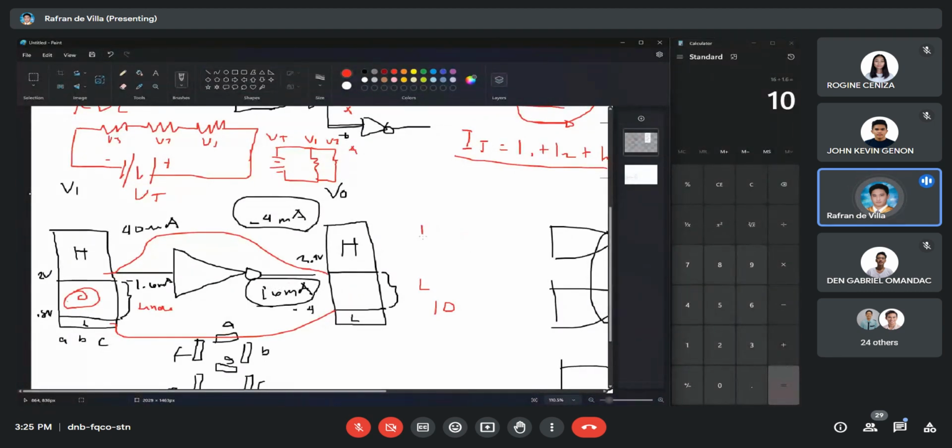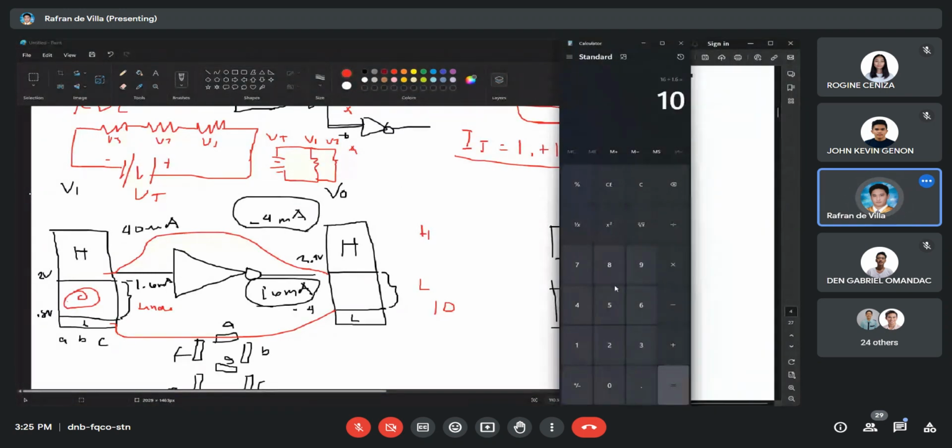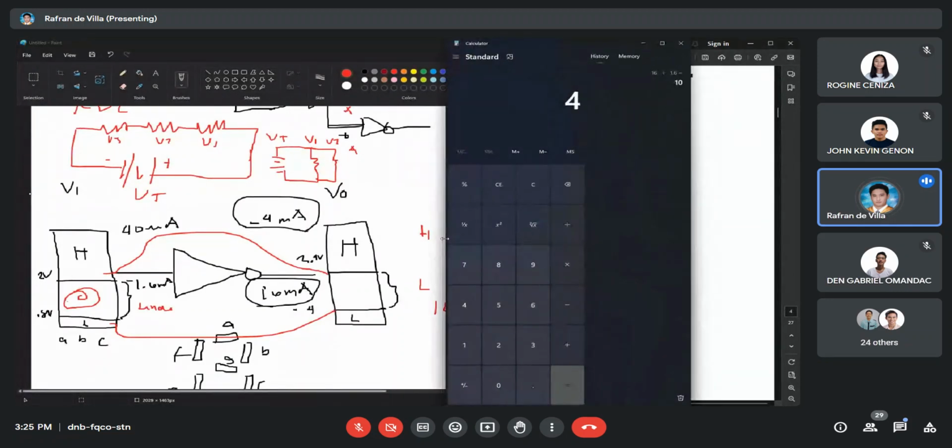Now, how about if the output is high? Okay, so as you can see, how much is the consumption? 4 milliamps. Okay, so for 4 milliamps, there will be 40 microamperes that it can control. So we divide it by 0.04.